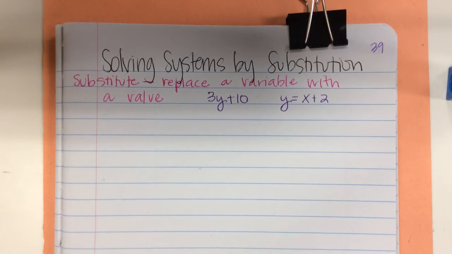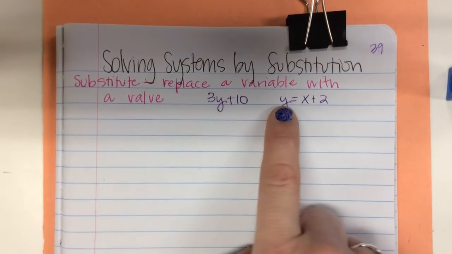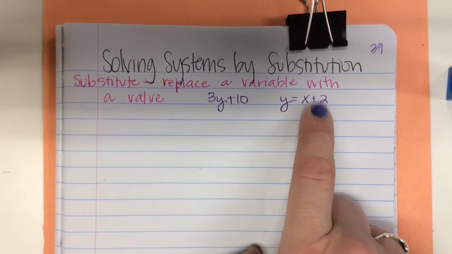Instead of blank, replace a variable. Instead of what variable, what are you going to put in? Instead of what, Sam? No. Lillian? Instead of y, I'm going to put in the value x plus 2.